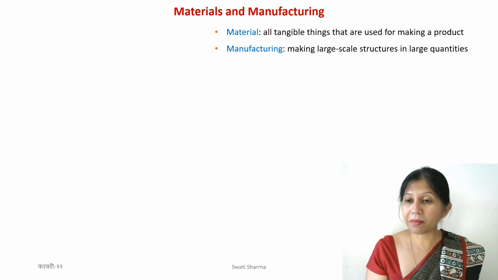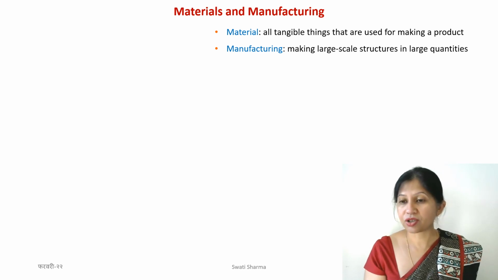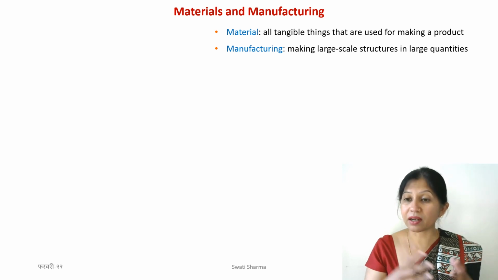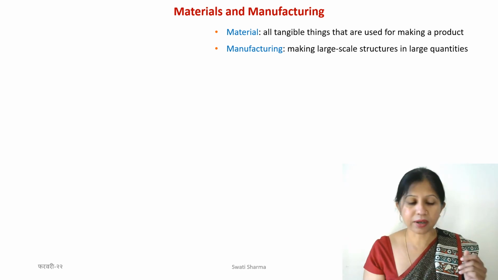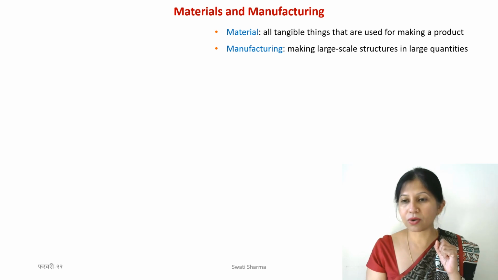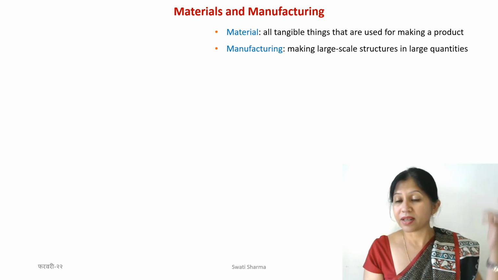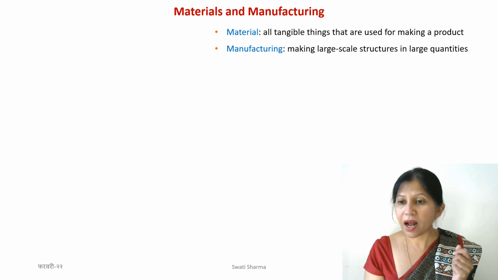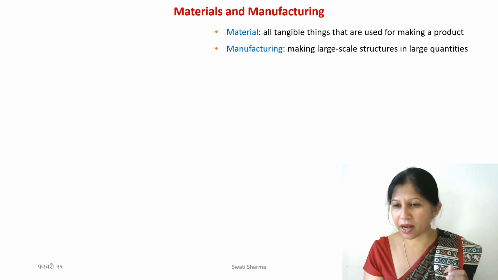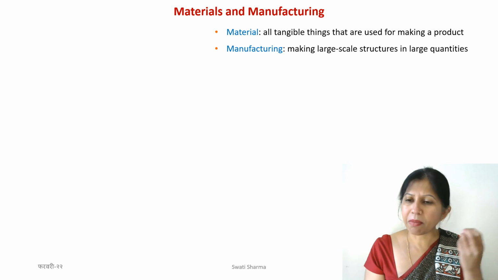Now, what do I mean by large scale structures or large quantities? I have written here, manufacturing is about making large scale structures and large quantities. So large scale structures, don't get confused. The structures don't need to be several meters in dimension. Large scale means something that you can hold in your hand, something that is not micro or nano scale.